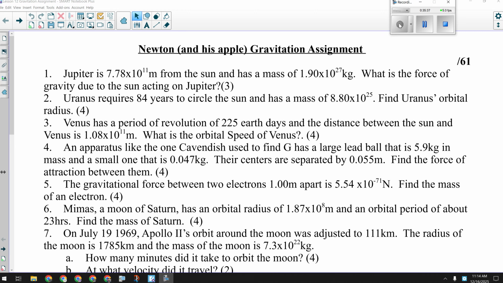Okay, in number two, you're given the orbital period of Uranus, but it's in years, so you'll probably have to do a little conversion of that. A little note here: how many days in a year? 365.25.